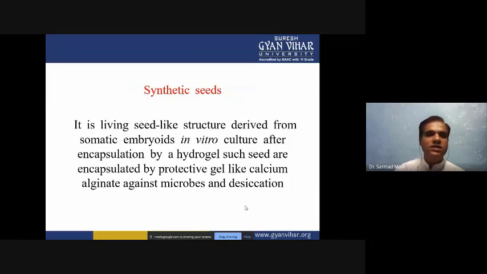This encapsulation can be compared with the seed coat, and we can produce it with hydrogel and other protective gels like calcium alginate. This protective encapsulation provides a barrier against microbes and desiccation, and since this hydrogel contains water, it protects the somatic embryos against desiccation.